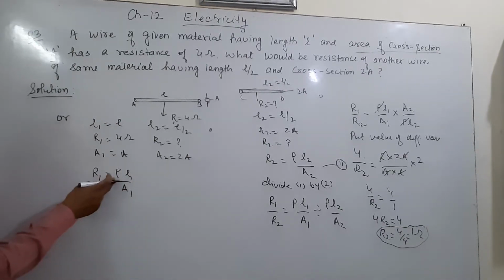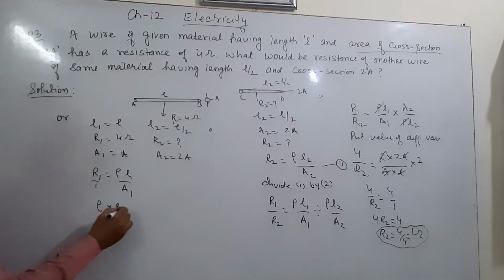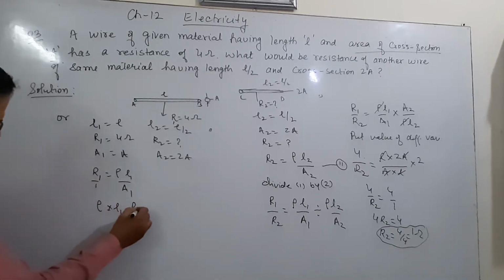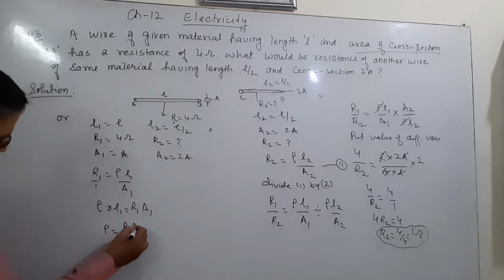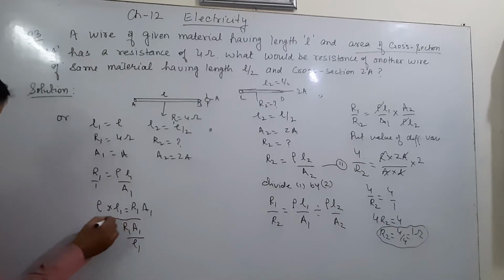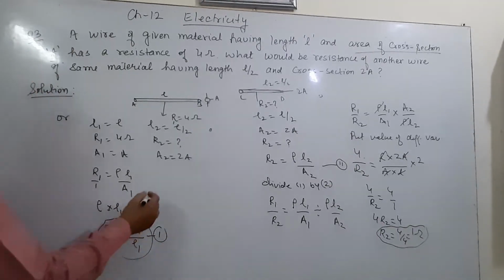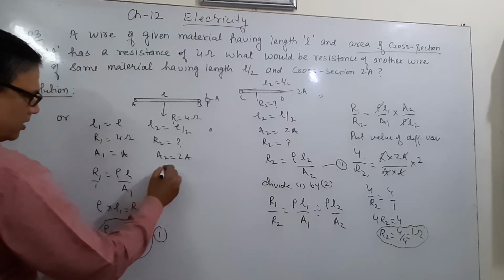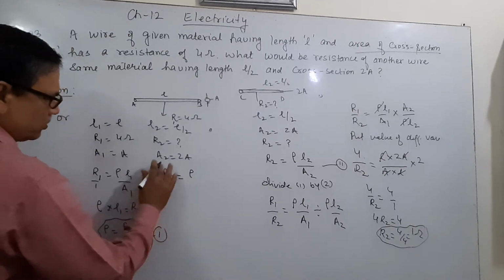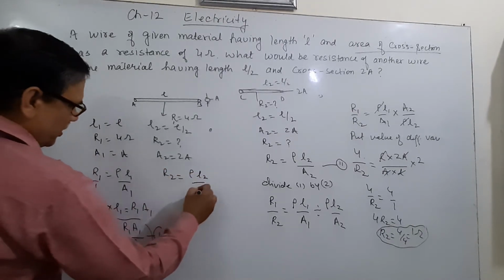From here we have to find out the value of rho. Cross multiply: rho into L1 is equal to R1 A1. Then rho is equal to R1 A1 upon L1. This is the rho equation number one, and similarly for the second: R2 is equal to rho L2 upon A2.